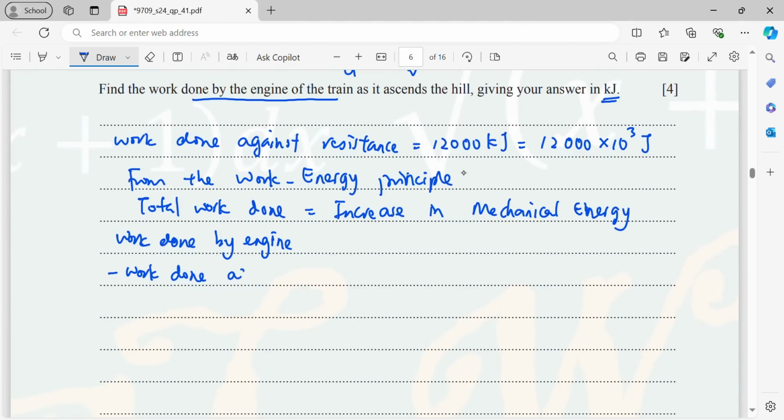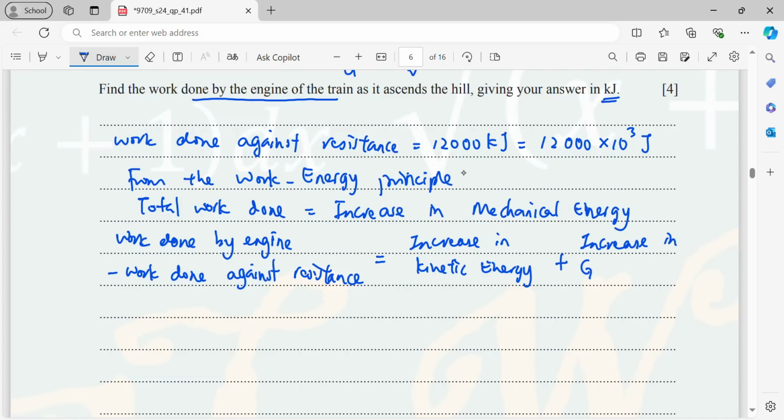Work done by engine minus work done against resistance equals increase in mechanical energy, that is increase in kinetic energy plus increase in gravitational potential energy.